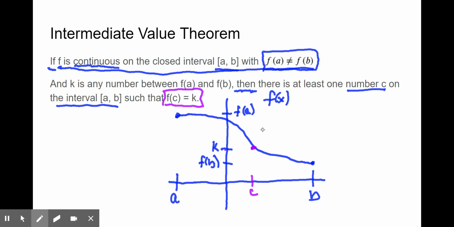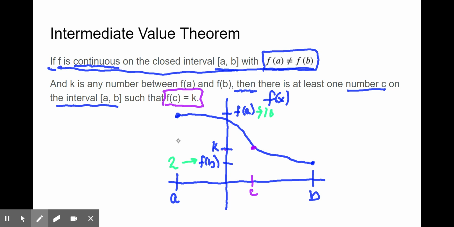All right. So here's exactly what this thing is saying. It's saying something that's probably as easy as possible. Look, here's f of a. Let's say this value for f of a was 10. Here's f of b. Let's say this value was 2.